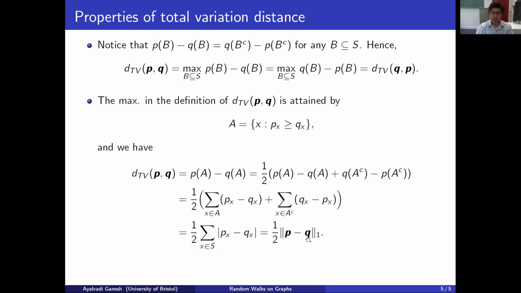Okay. Now this sum over x in S of the absolute value of Px minus Qx, the sum of the absolute value of the differences, is called the L1 distance between P and Q, between the vectors P and Q. Okay, so it's denoted this way.